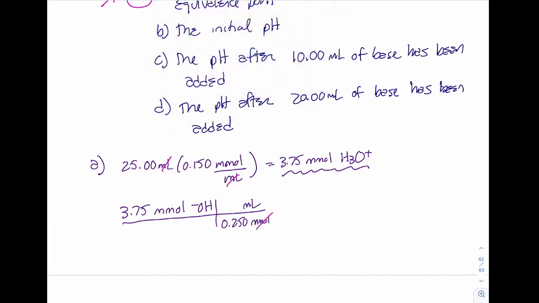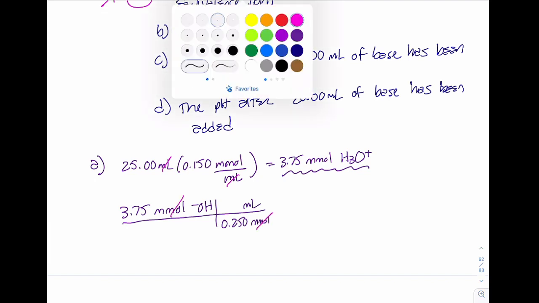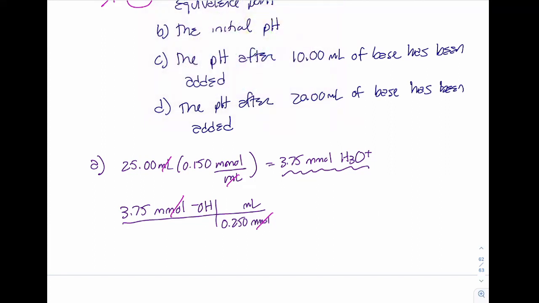My millimoles again cancel, and we are going to be left with my volume. And I get 15.0 milliliters of potassium hydroxide needed to reach the equivalence point.